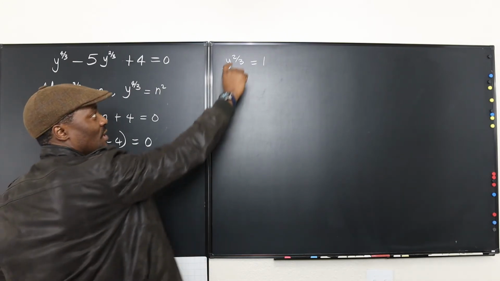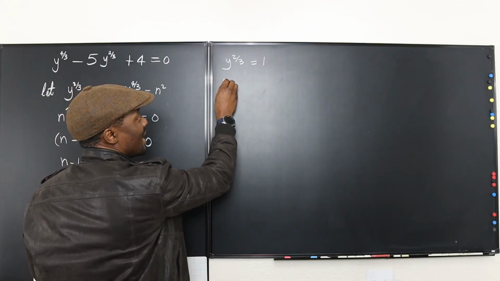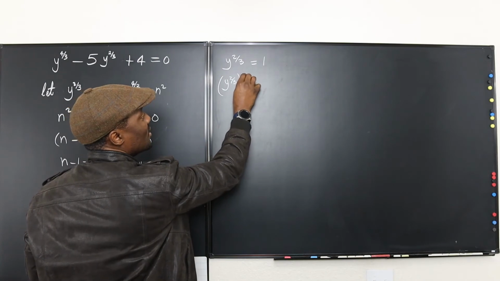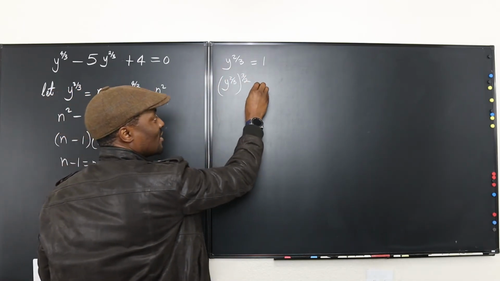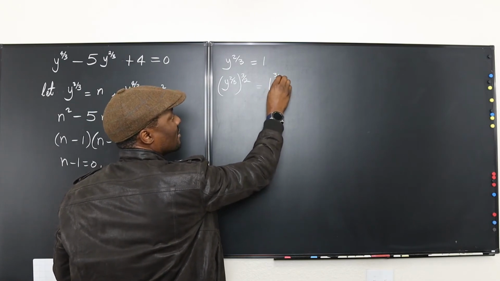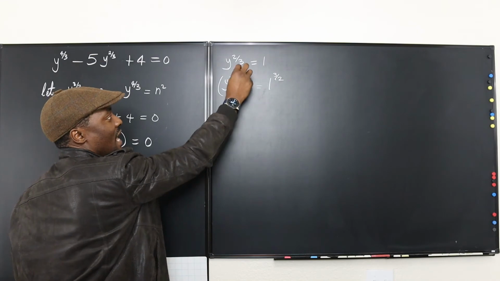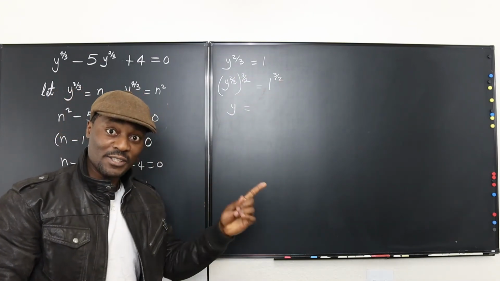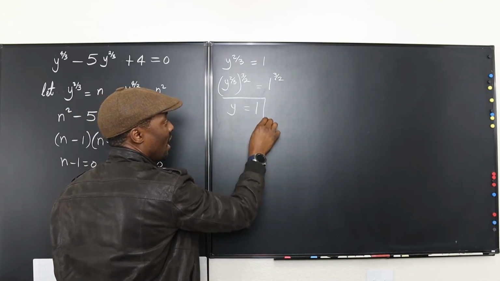I just look for the reciprocal of the fraction of the exponent, and I say I'm going to raise y to 2/3. I'm going to raise it to 3/2. Just flip it and take this to say 1 to 3/2. So if you follow the laws of exponents, this will cancel this out. You have y. Well, whatever you raise 1 to will always remain 1. Okay, so that's it. y is equal to 1.